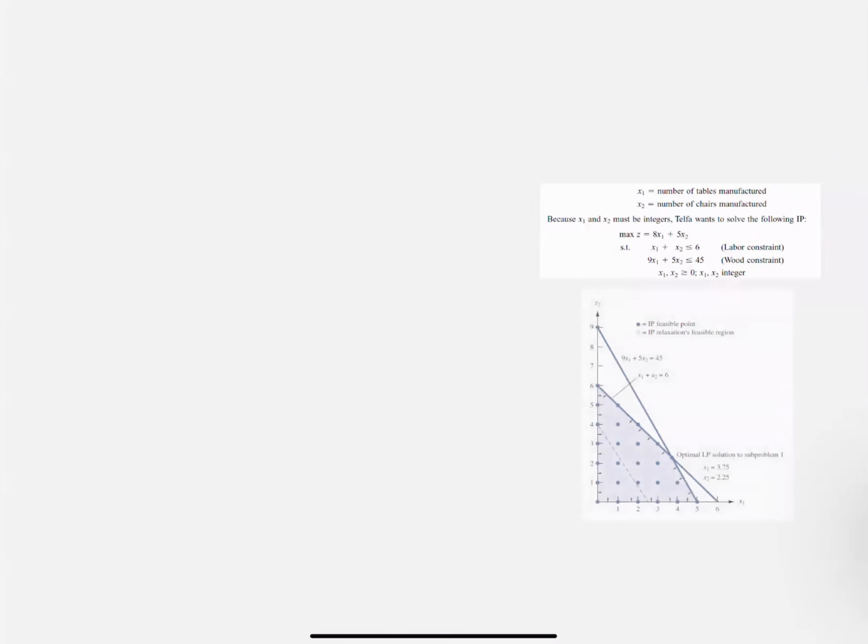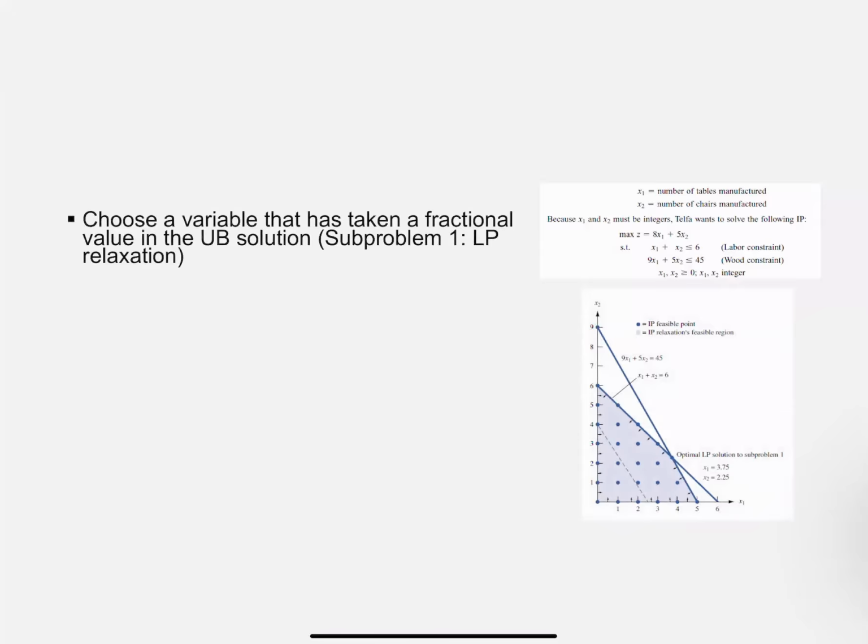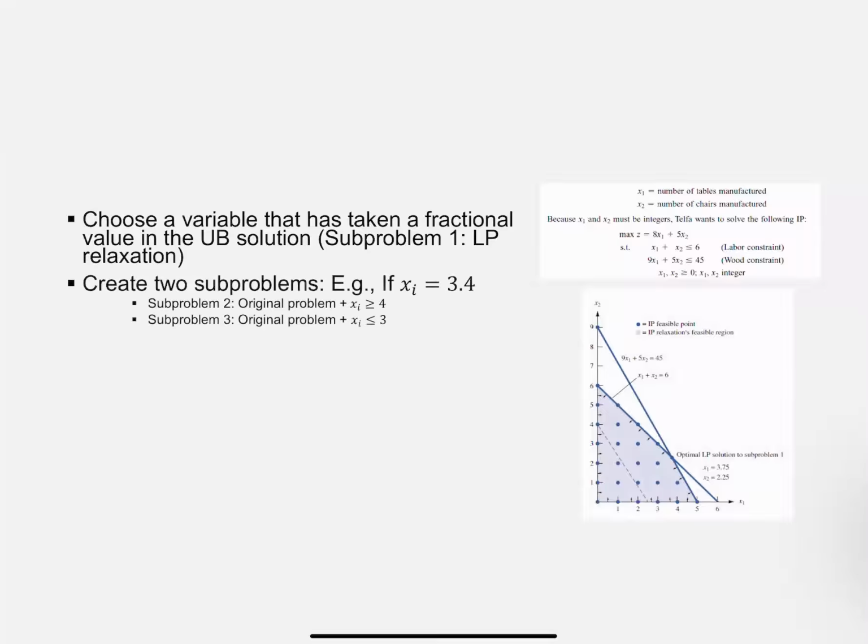So to summarize, this was our original problem. Choose a variable that has taken a fractional value in the LP relaxation or upper bound solution. We picked x1, which was 3.4.